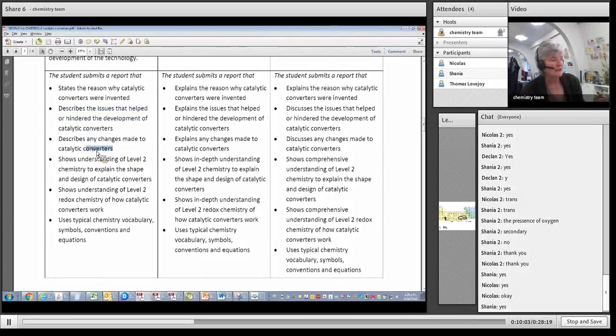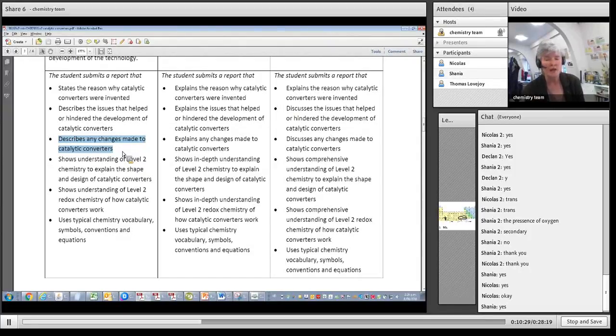And then they describe any changes. The important one here is, of course, once we could have petrol without metals in it, we could have a catalytic converter, but there was a big major shift from a two-way catalytic converter to a three-way catalytic converter. Again, you need to look up what is meant by this.